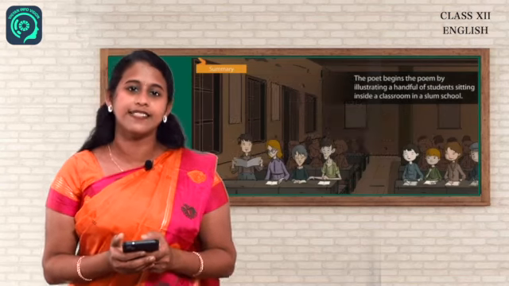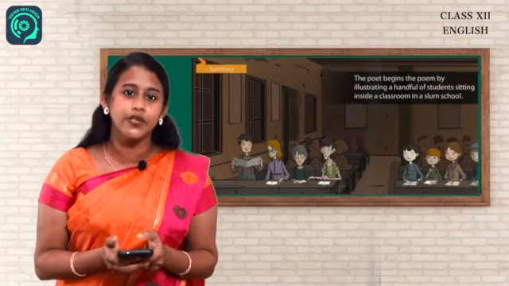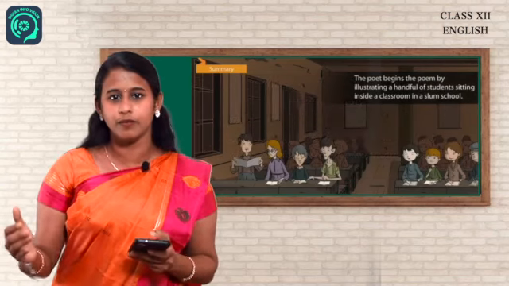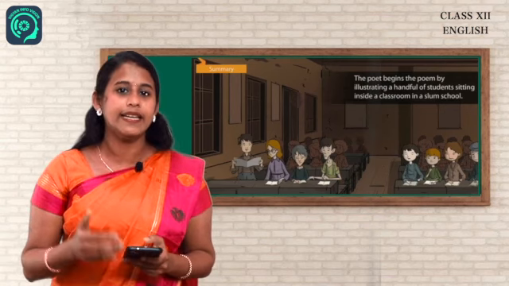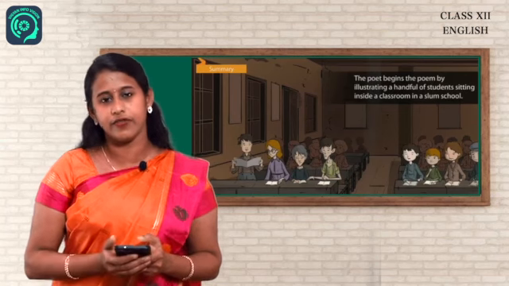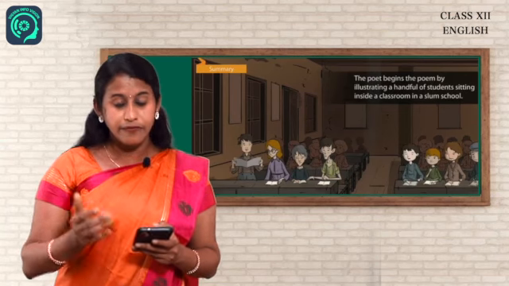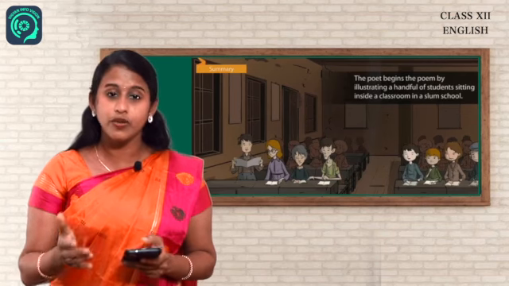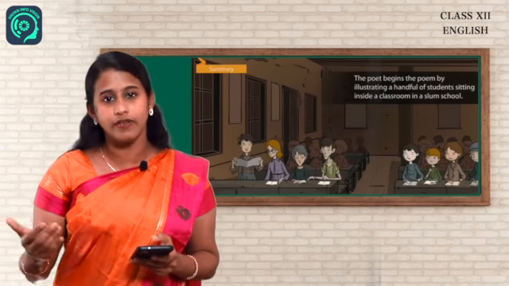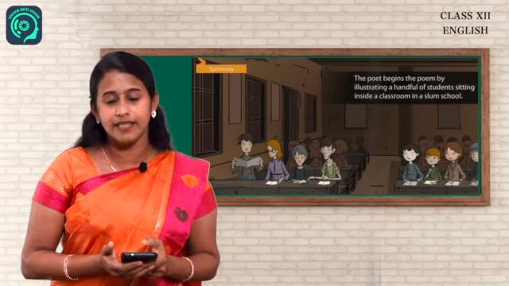So in the first stanza, you can see how the poet is introducing a classroom and students sitting inside. One by one, he is presenting each character before us. In the initial line, the poet tells that the students are far away from the mainstream society, those who are privileged.